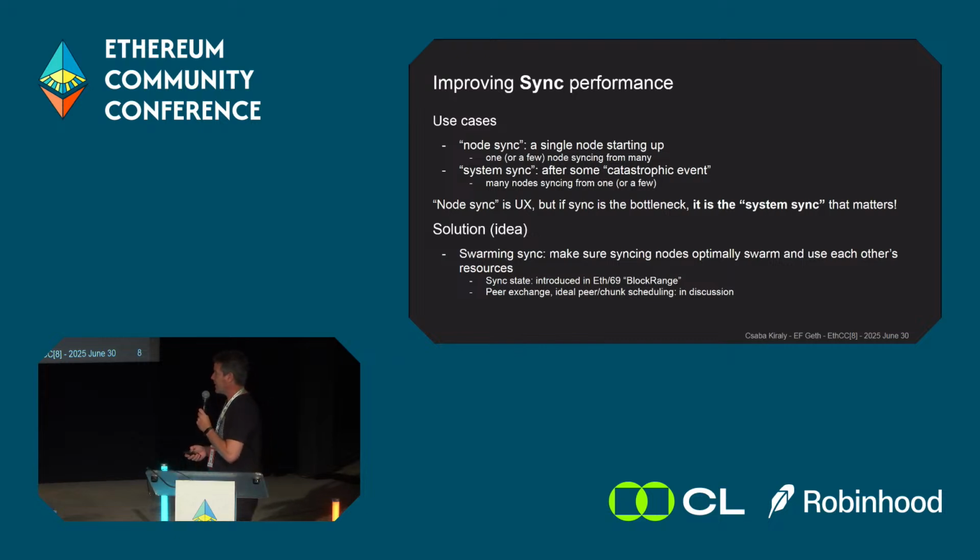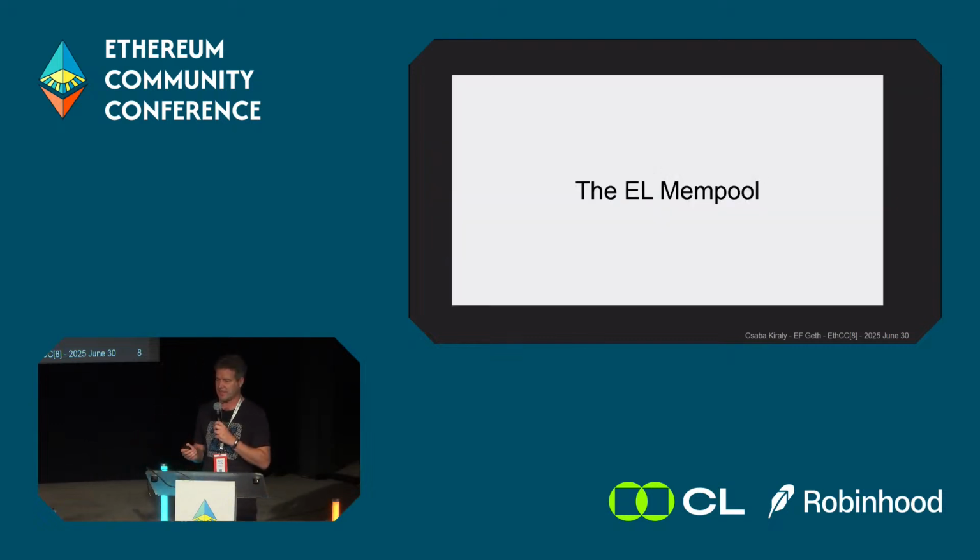So we have to send a sync state, and that's already introduced in the network. This was part of EIP-7 69 with the block range extension. And then we can add on top of this. We can do peer exchange, we can do peer chunk scheduling, and these can improve sync speed. So we can do things about sync. Okay, so after this starter of three different things, let's see what we have next.